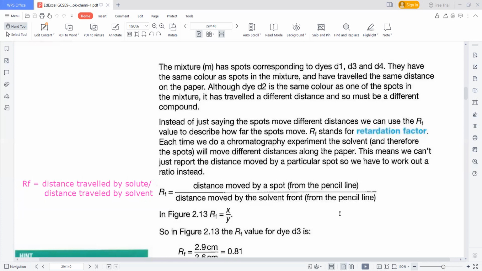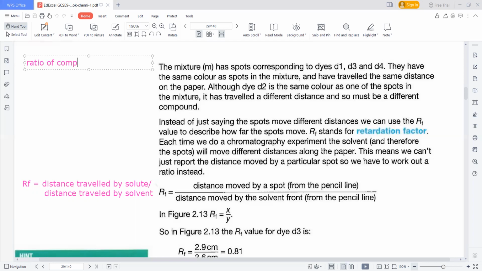This can be measured for every single substance. Let's say I have two solutions, solution A and solution B, and I would like to measure their distances.